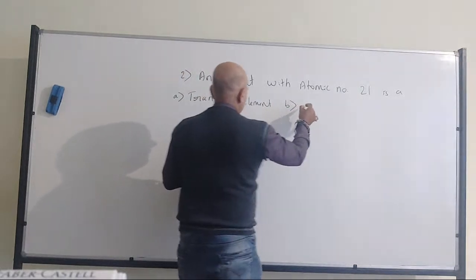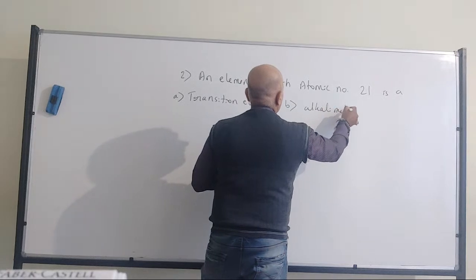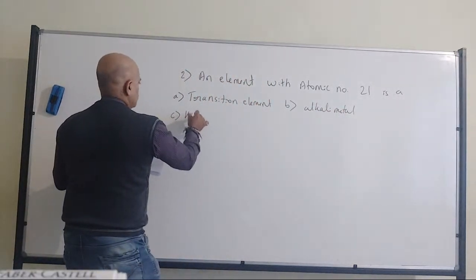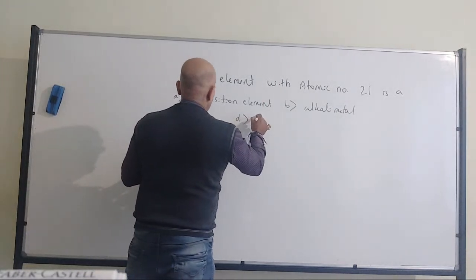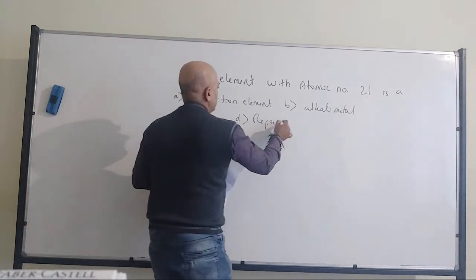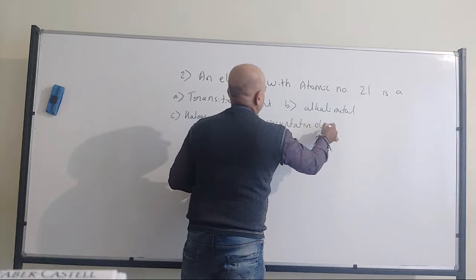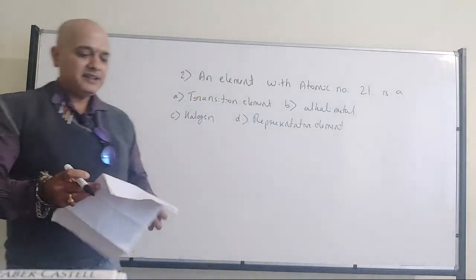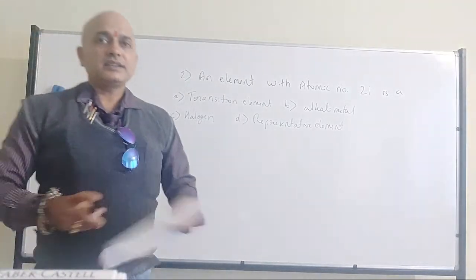Option B, alkali metal. Option C, halogen. Option D, representative element. So these are the options.